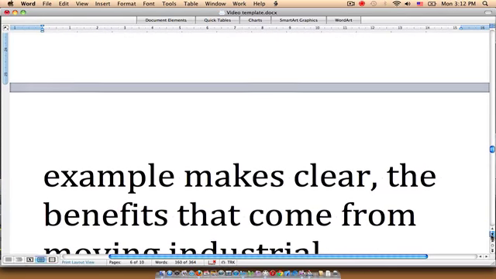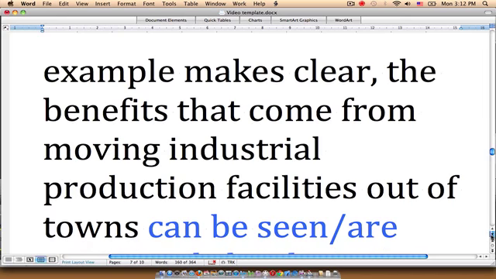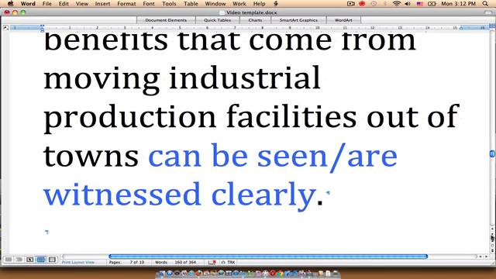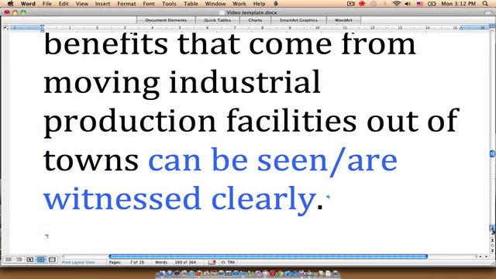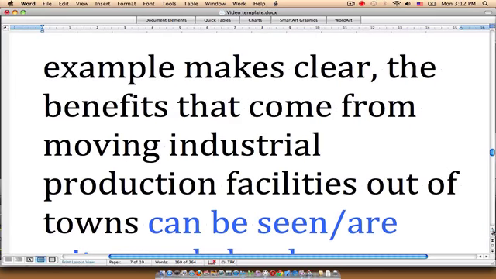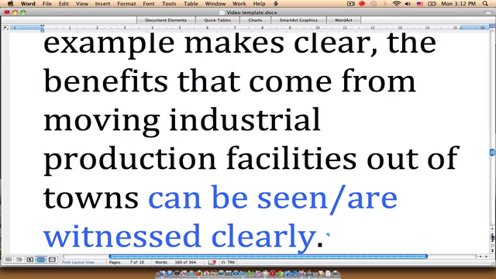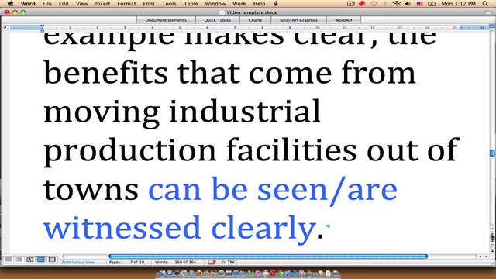As this example makes clear, the benefits that come from moving industrial production facilities out of towns can be seen. Or, as this example makes clear, the benefits that come from moving industrial production facilities out of towns are witnessed clearly.